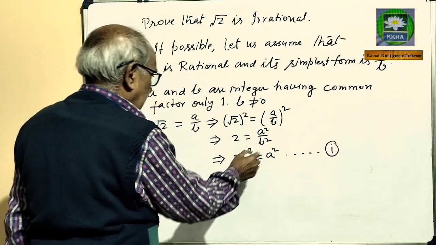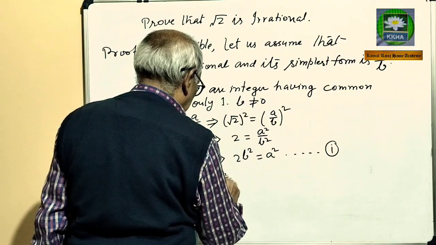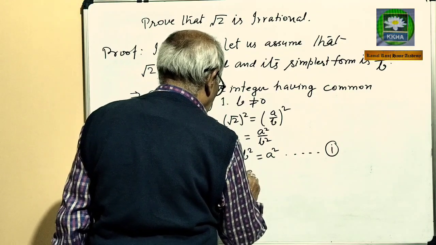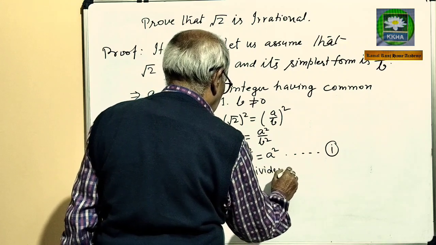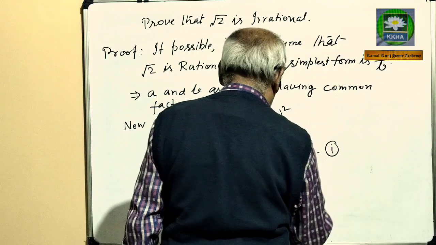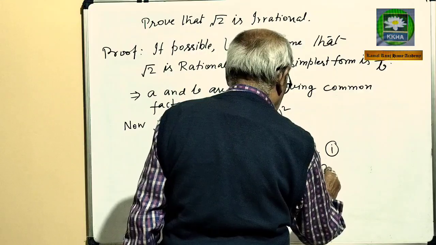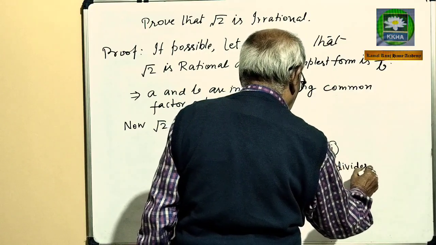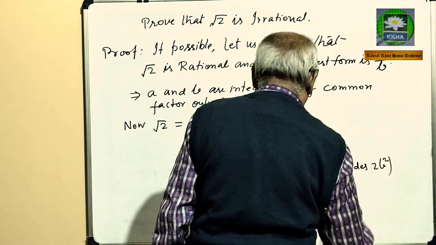Now 2B square is equal to A square. This implies that 2 divides A square, since 2 divides 2B square.